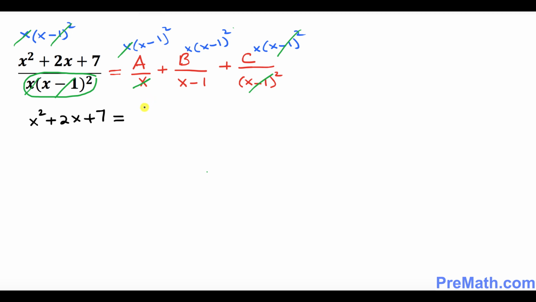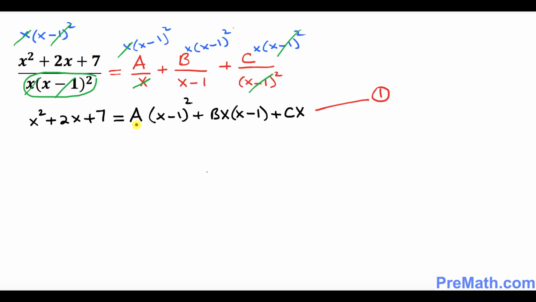So I can write A times (x minus 1) squared plus B times x times (x minus 1), and finally plus Cx. We'll call this equation number 1.